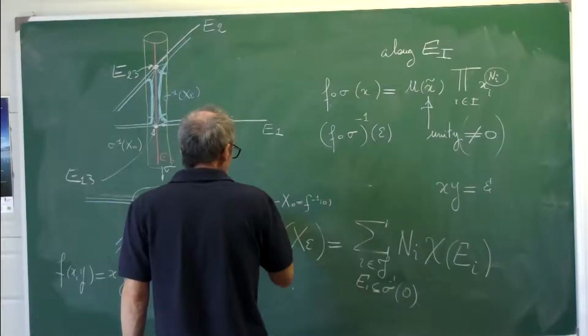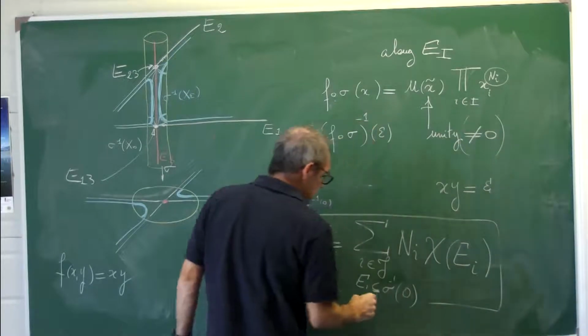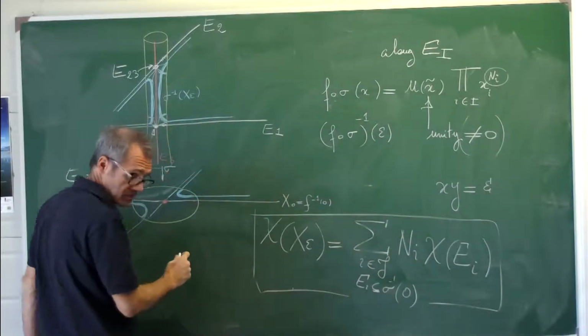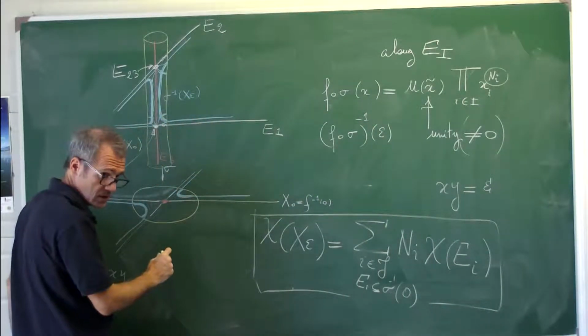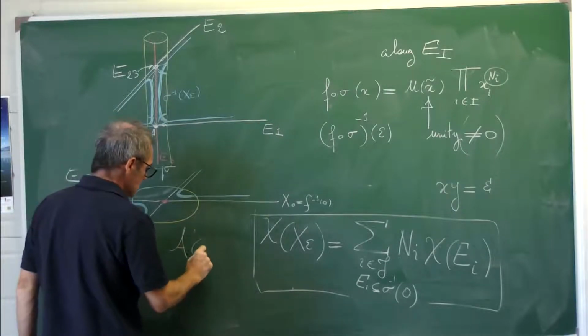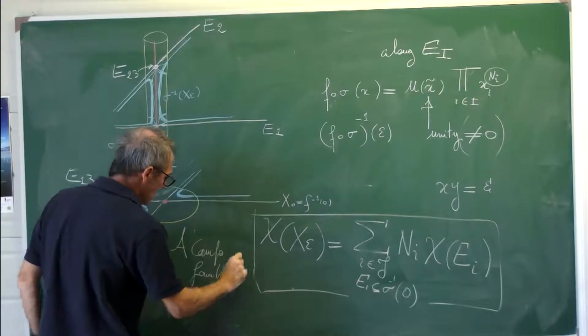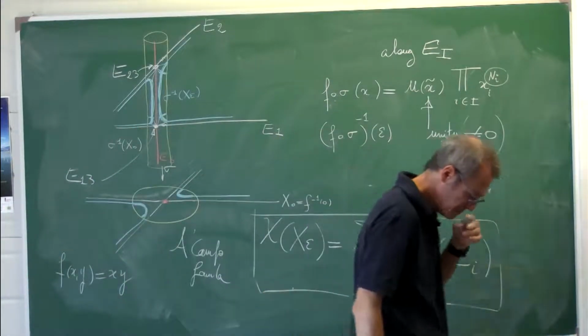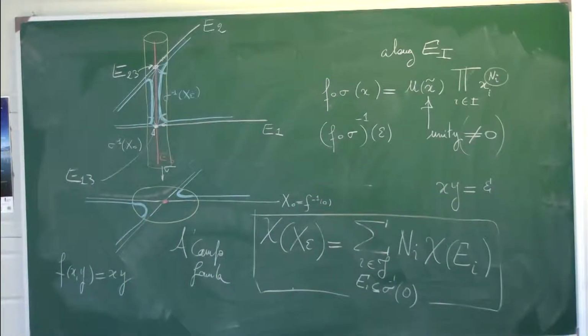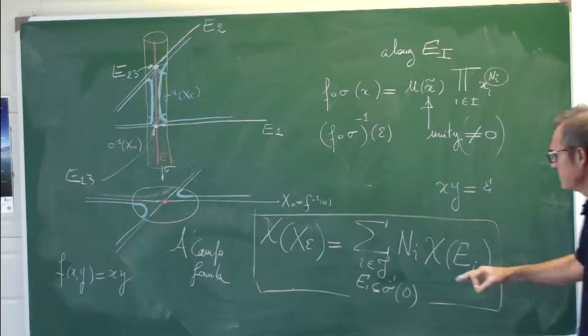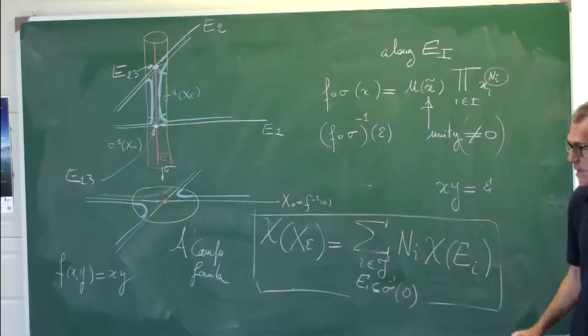This formula, in fact, is a part of a much more general formula called the A'Campo formula. Maybe, Michel, you mentioned this. The A'Campo formula computes the Lefschetz number of iterates of the monodromy of the singularity. But at the 0 level, this formula gives the Euler characteristic. Okay.